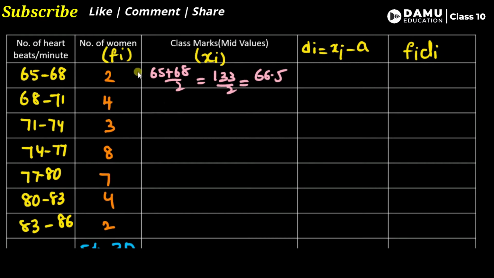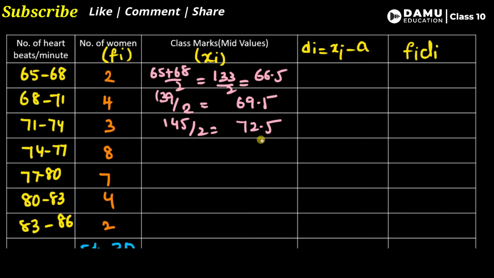Next, 68 plus 71 will be equal to 139. 139 by 2 is nothing but 69.5. Like this we add 71 plus 74, that is 145 by 2, which is nothing but 72.5.